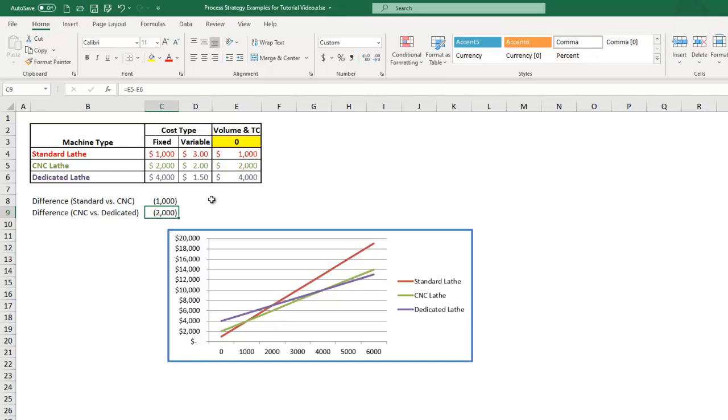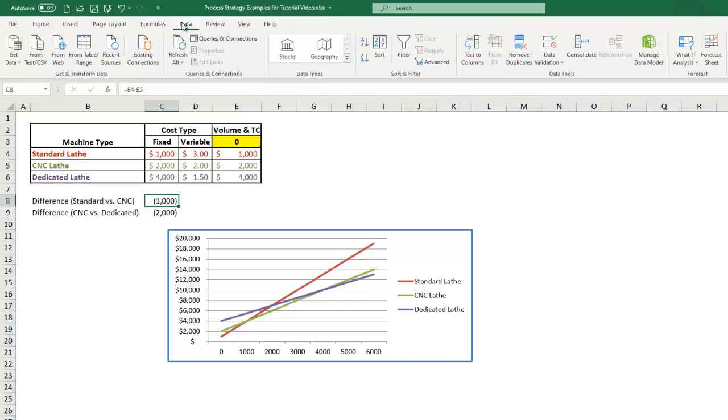What we want to do is we want to see what the numbers would be if the cost between each of these two processes is the same. So what is the volume that will give us zero difference between the standard lathe total cost and the CNC lathe total cost? To do so, we begin by clicking on the cell where we have this difference formula, and we go up to our data tab in the ribbon, and we move over to what-if analysis, and we click on goal-seek.